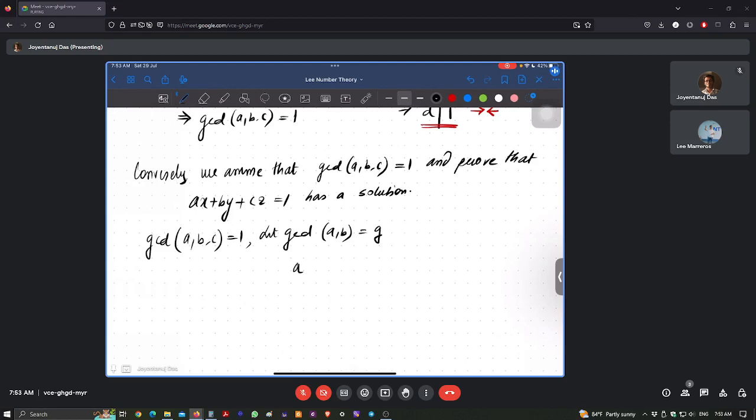So now I know that there is a solution to ax plus by equals g. Now, since all three of them do not have a common factor, the GCD of g and c is 1. This I know, because if the GCD were more than this, it cannot happen.